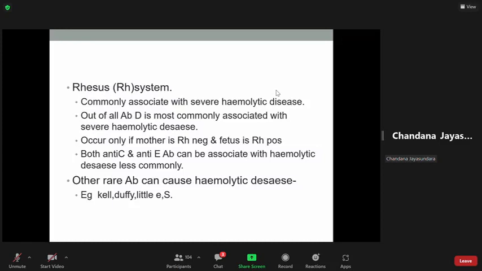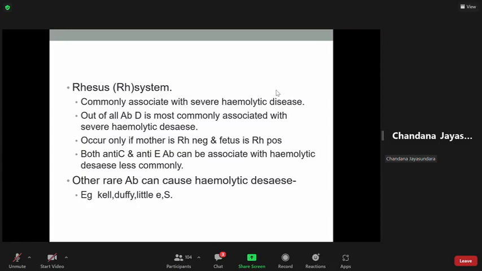So, what is this RH system? The RH system is commonly associated with severe hemolytic disease. Out of all the antibodies, anti-D is the most commonly associated with severe hemolytic disease, and it occurs only if the mother is RH negative and the fetus is RH positive.